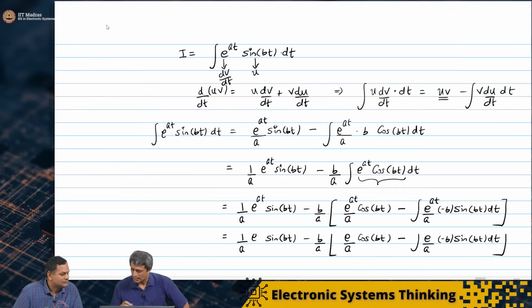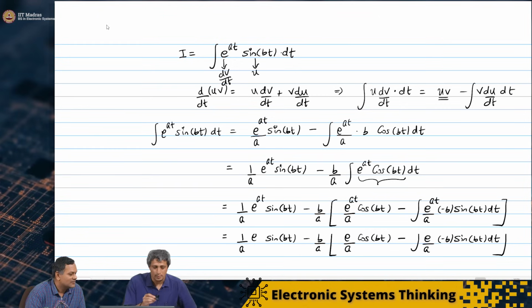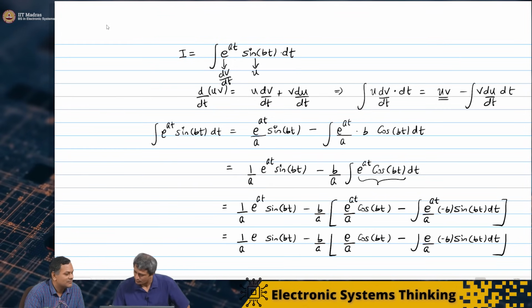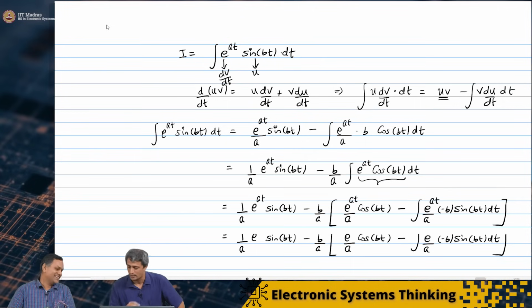So we have an interesting thing, because this integral of e^(at) sin(bt) dt is back to the original integral that we wanted to solve.